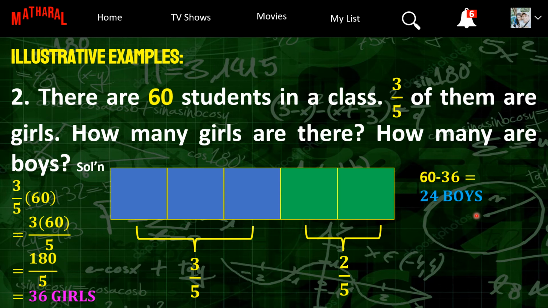So now, the reason why we have a model here, what if we are asked to know the distribution of boys and girls to their groups? Halimbawa, ito, first group, second group, and third group.